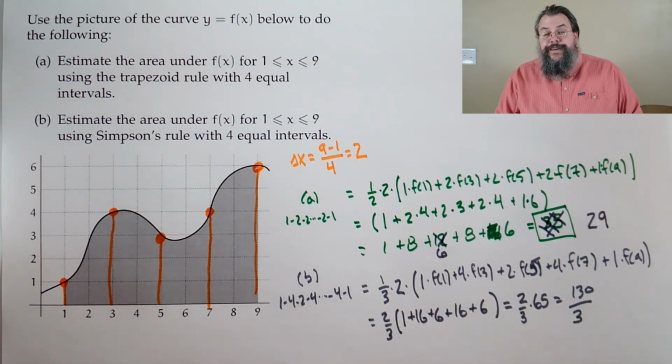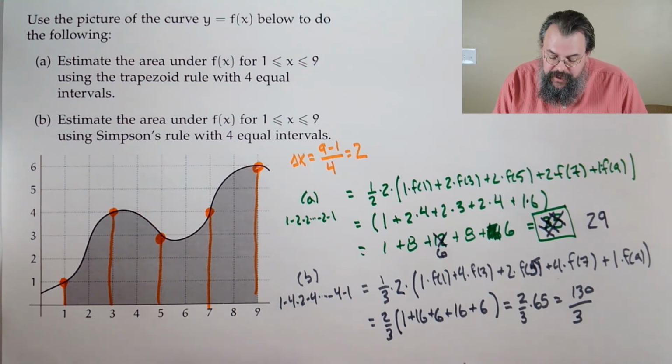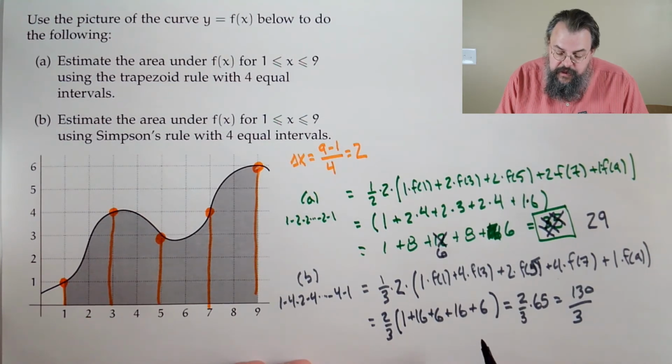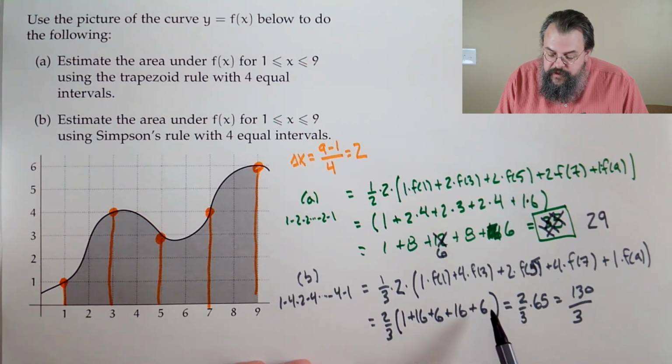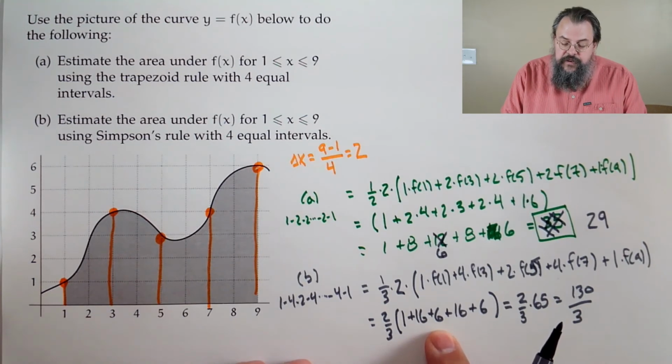All right, now let's check this data. Okay, 1 times 1, 4 times 4, 2 times 3, 4 times 4, and 1 times 6. Okay, that's fine. And now, what do we get? Well, okay, 32 plus 30. Oh, wait a second, hold on. 16 plus 6 is 22.